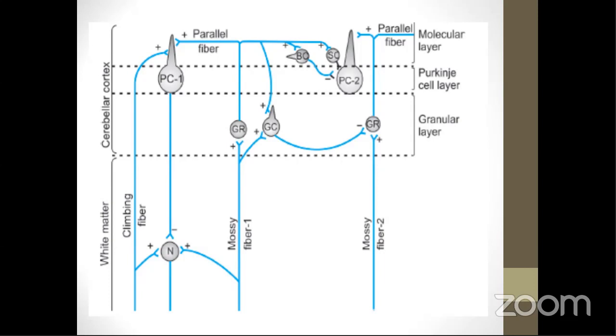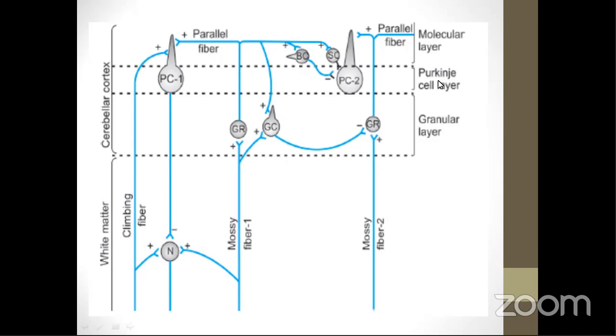Now this is just the explanation of the previous slide. It has three layers: molecular layer, Purkinje cell layer, and granular cell layer. Now coming to each of these layers. What does the granular cell layer have? As the name suggests, it has granular cells and Golgi cells. So there are two types of cells present in this layer.